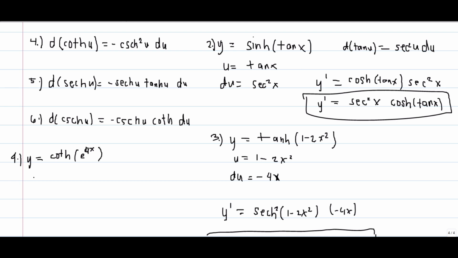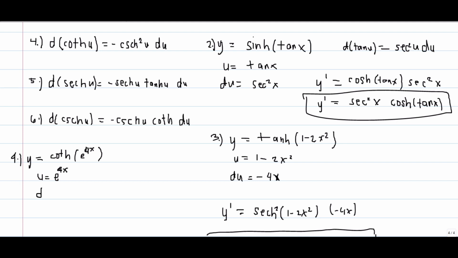Again, if you're given y equals cosh of the quantity e to the power 4x, this is 4x. Okay, so let u here be equal to e to the power 4x.